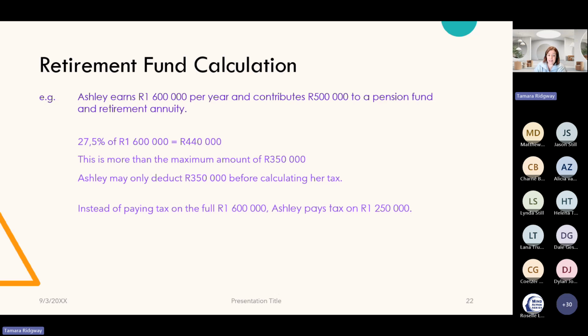Now this is more than the 350,000. So Ashley may only deduct 350,000 before calculating her tax. So instead of paying tax on the full 1.6 million, Ashley pays tax on 1,250,000.